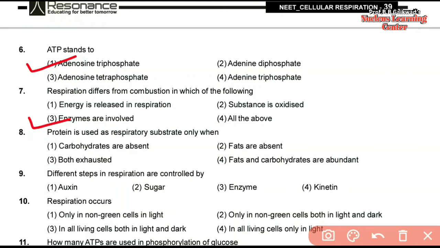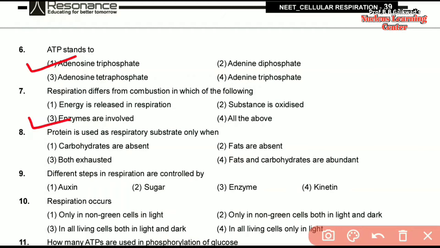Okay, right. Next: protein is used as a respiratory substrate only when. The options: first, carbohydrates are absent; second, fats are absent; third, both are exhausted; and fourth, fats and carbohydrates are abundant.